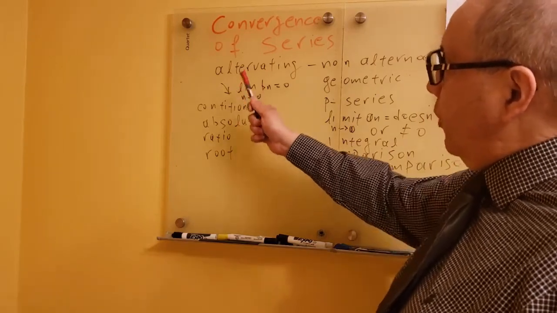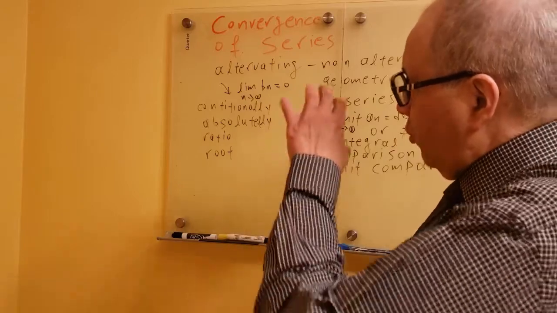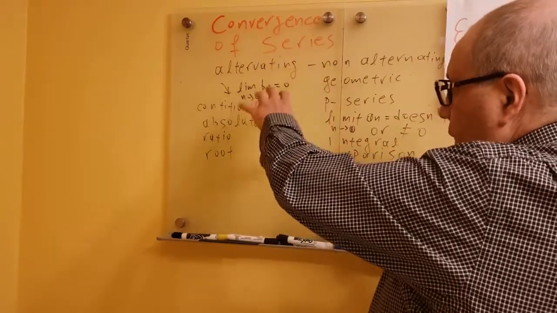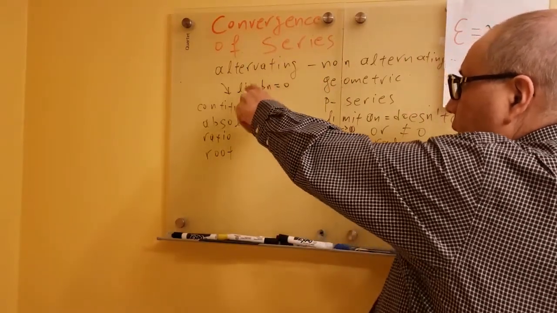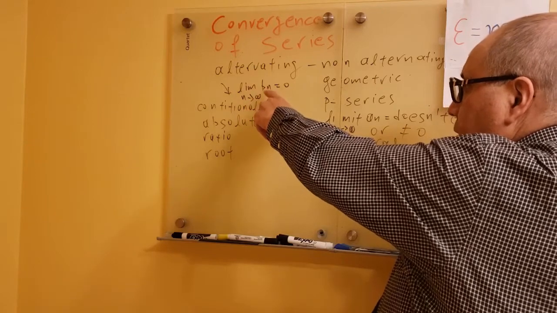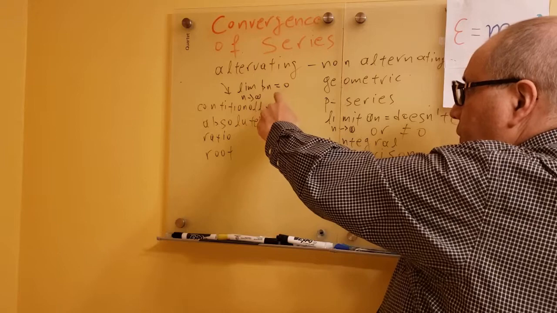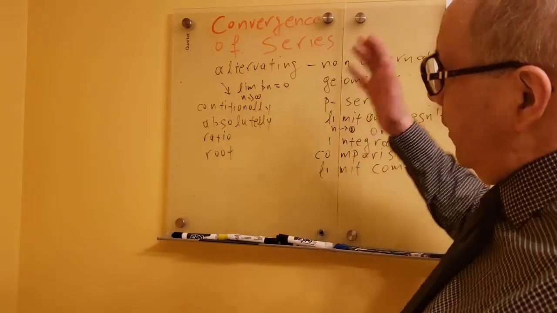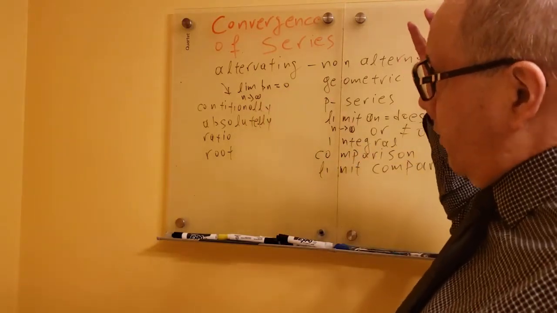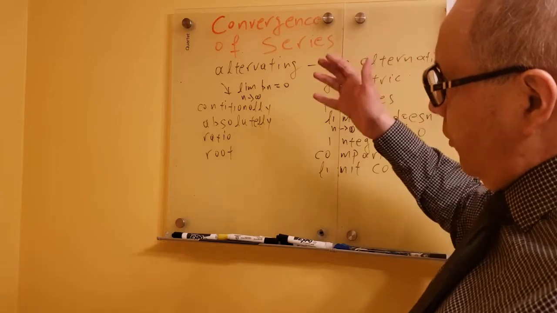First of all, if the absolute value of the terms is decreasing, and also the limit of the terms as n goes to infinity is equal to 0, then the series is converging.